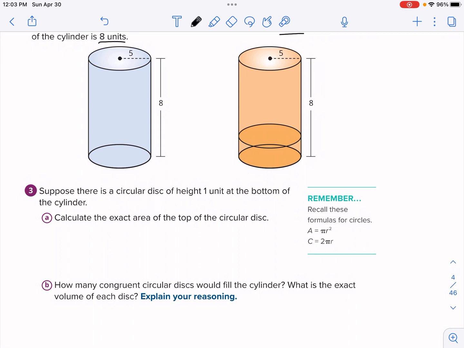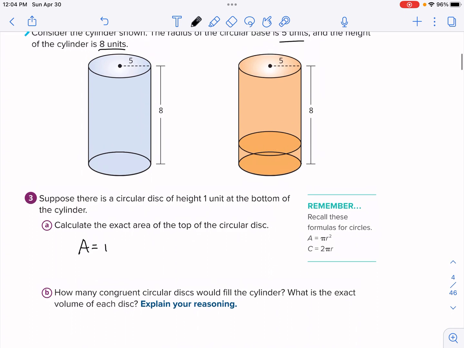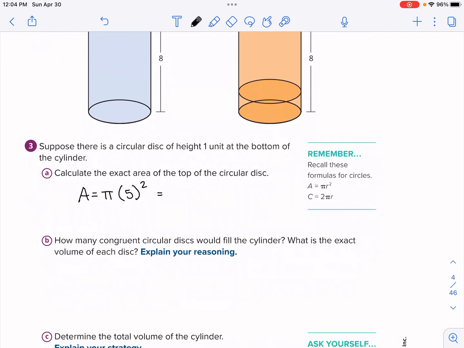Calculate the exact area of the top of the circular disc. So it's exactly the same. All right, we're going to say area is pi r squared, so we have pi, the radius is 5 units, and then squared. Right, 5 times 5 is 25, so we're going to say this is 25 pi.